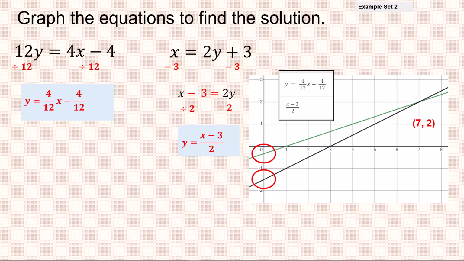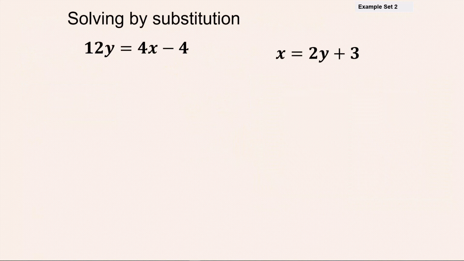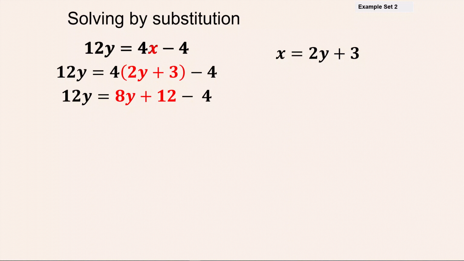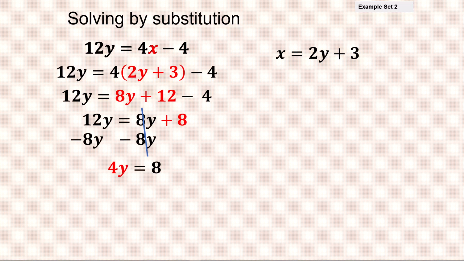Using the same system, we can solve by substitution. This time we can see the x variable isolated in the second equation, and so we can substitute for x in the first equation. Using distribution, combining like terms, collecting variable terms on the left and constants on the right, and finally dividing by the coefficient of y, we find the value of 2 for y.